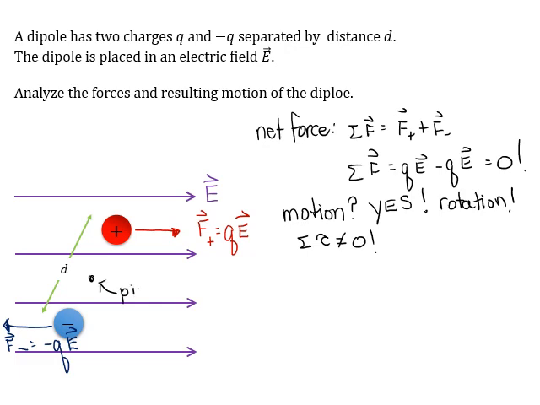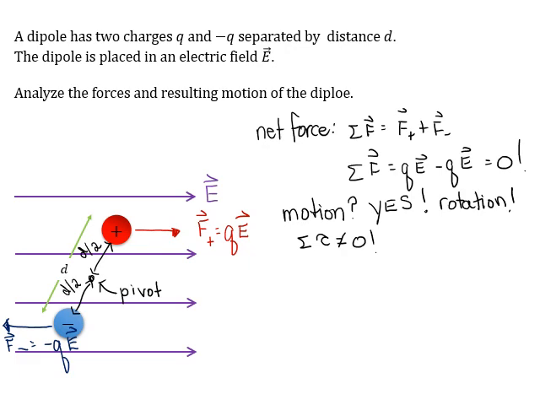And we know that when we're calculating torque, we need the distance from the pivot and we need the applied force. So the distance between the pivot and the positive charge is going to be half of the separation, d over 2. The distance between the pivot and the negative charge is also d over 2.